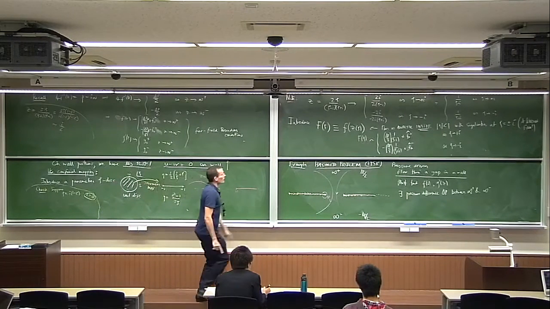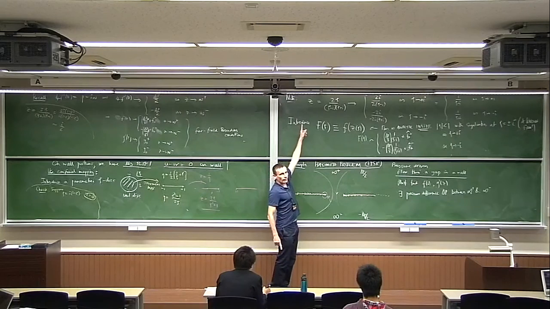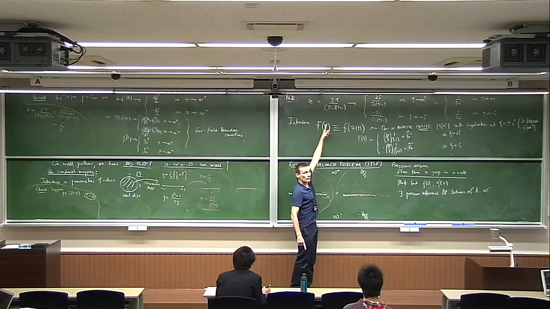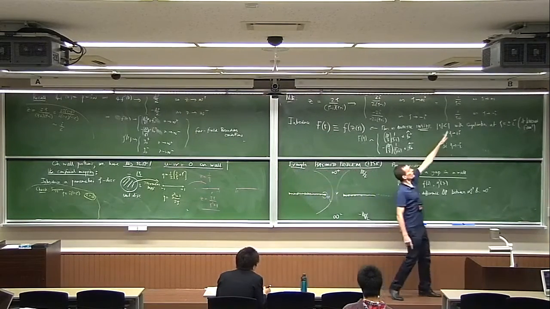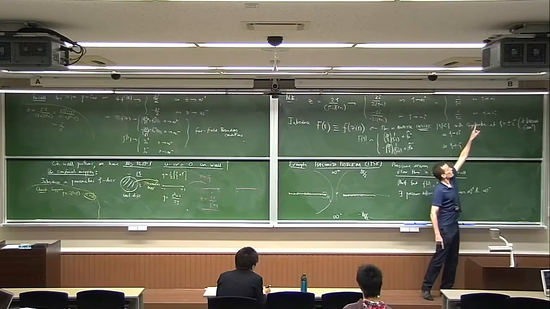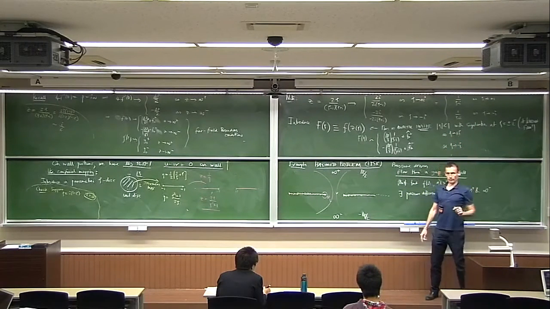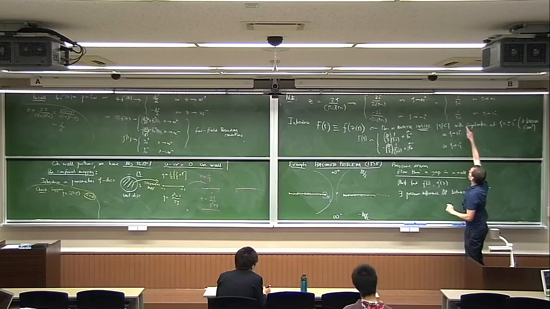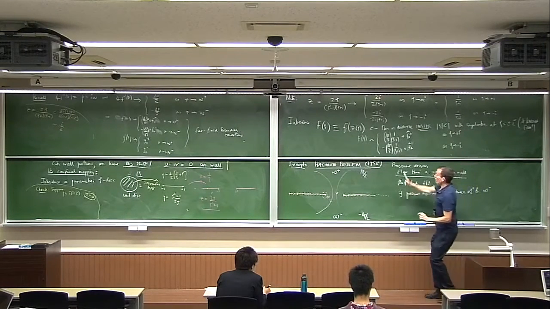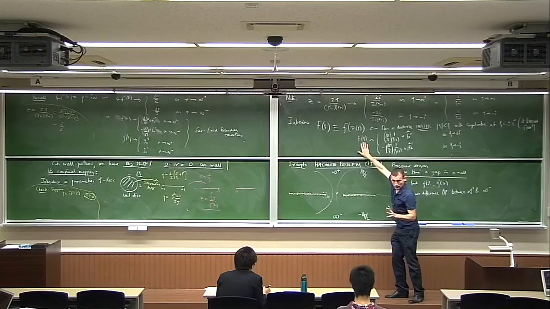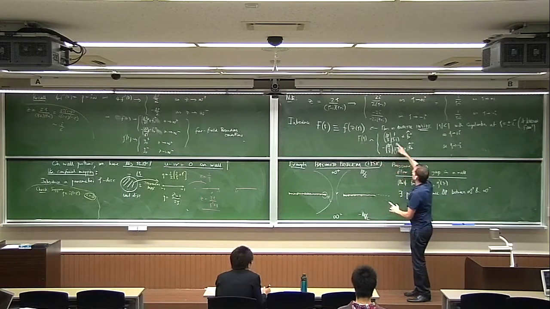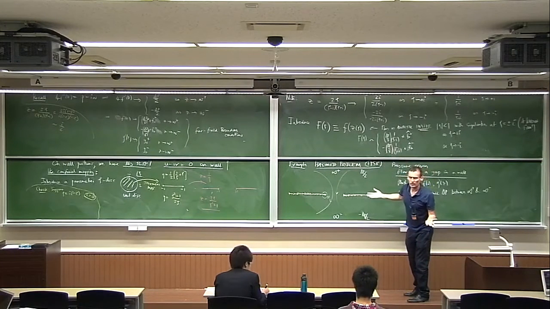Look, Z, which is that thing, looks like this as zeta goes to plus i and minus i. 1 over zeta minus i, 1 over zeta plus i. The F that I need to find is almost the same thing. Delta P over H is constant.